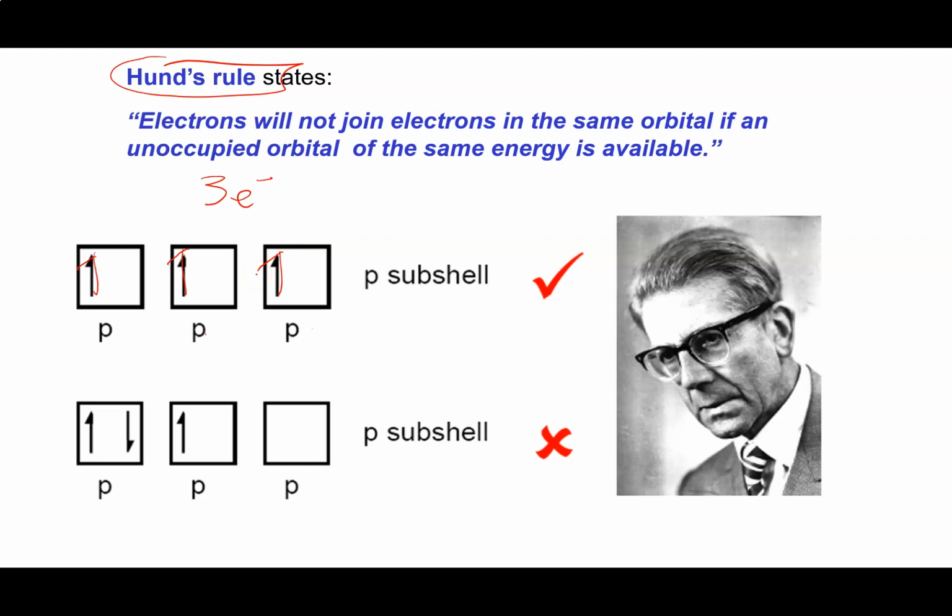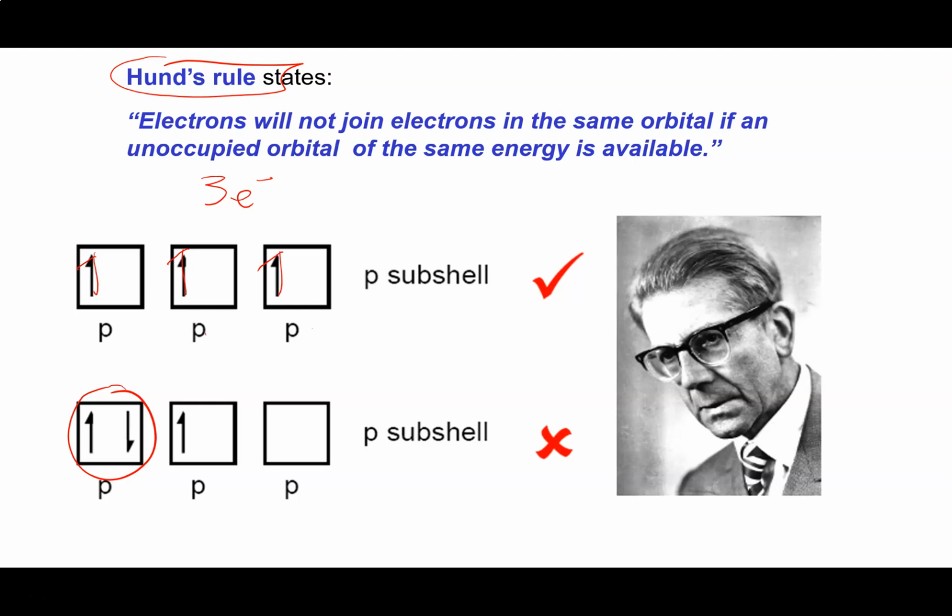What we don't do is pair up in an orbital with multiple electrons and leave any empty, right? Does that make sense? It's kind of like seats on the bus. If you hop on the bus and there's only one other person on the bus and you don't know them, you don't sit next to them, right?